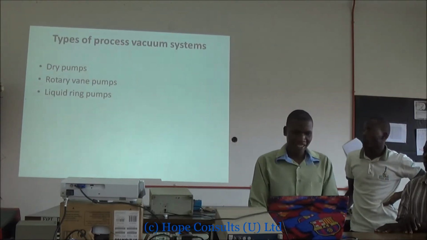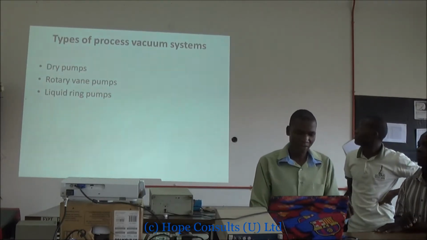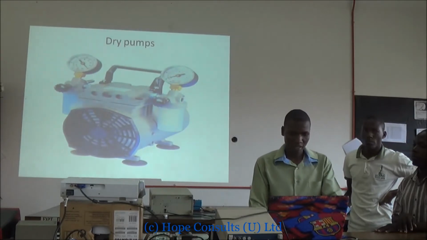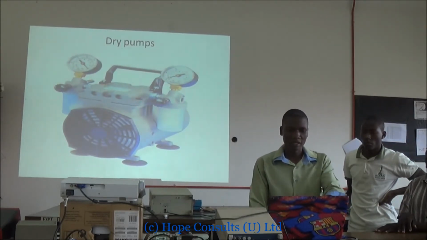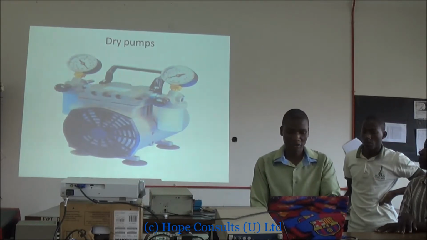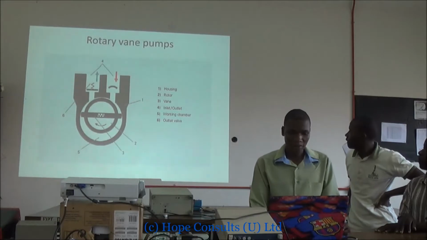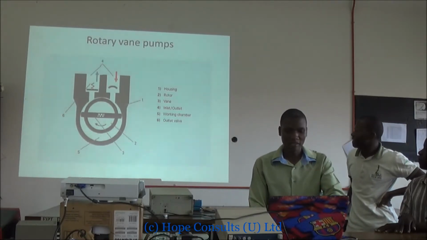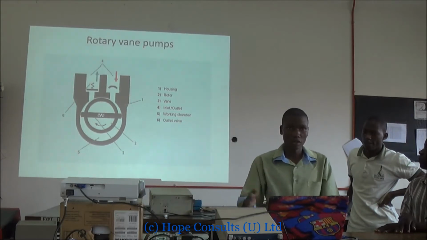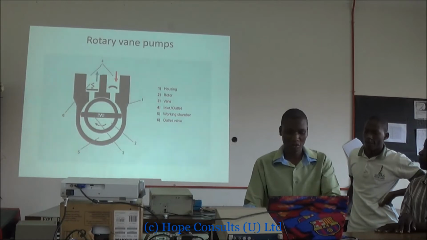Then types of process vacuum systems, we have dry pumps, we have rotary vane pumps and liquid ring pumps. This is one of these, you can see the gauges. These are used for measuring the pressure in the vacuum. And this is the rotary vane pump. It has valves, and this here is a motor that maybe makes the air flow out and creates a vacuum on one side.